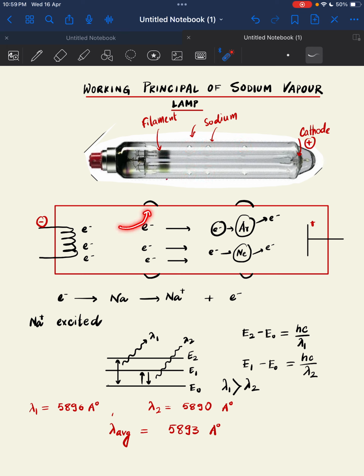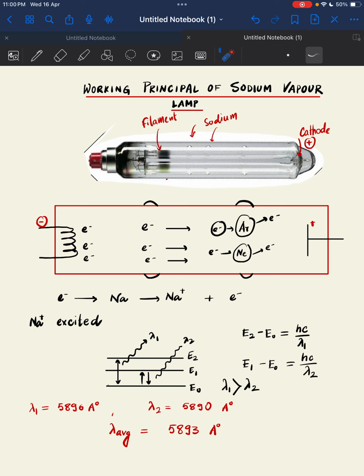This heat will melt the sodium atoms and they will vaporize. So now the atmosphere in the tube will be dominated by sodium atoms. Now an electron will hit sodium, it will ionize the sodium atom, and a secondary electron will be ejected. These electrons can further hit another sodium atom and another secondary electron will be ejected, and this phenomenon goes on. As soon as an electron hits a sodium atom, it will be at an excited state.